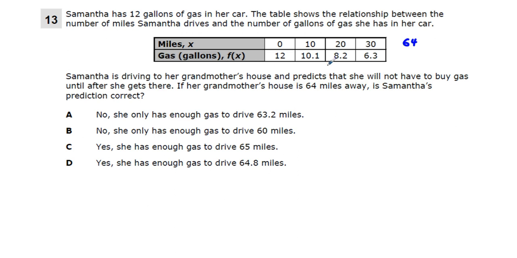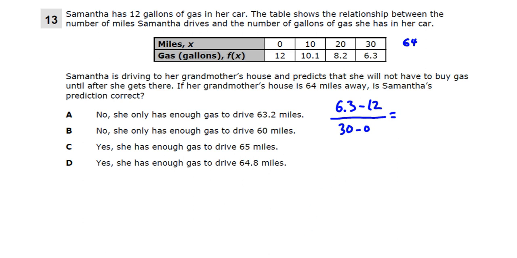So the slope is going to be change in y. So we have 6.3 minus 12 over 30 minus 0.